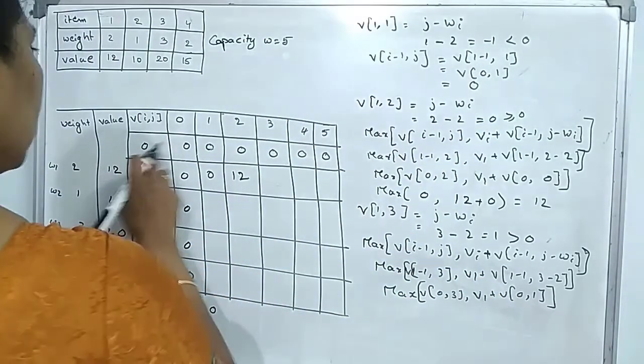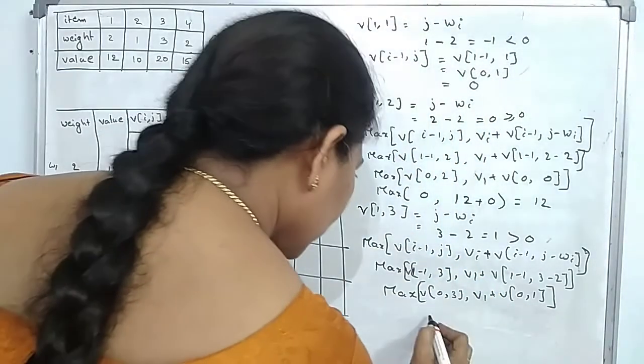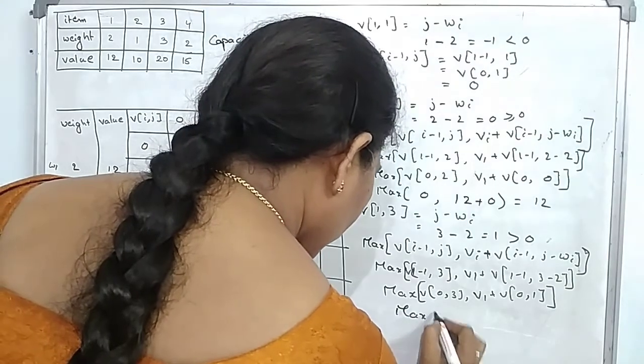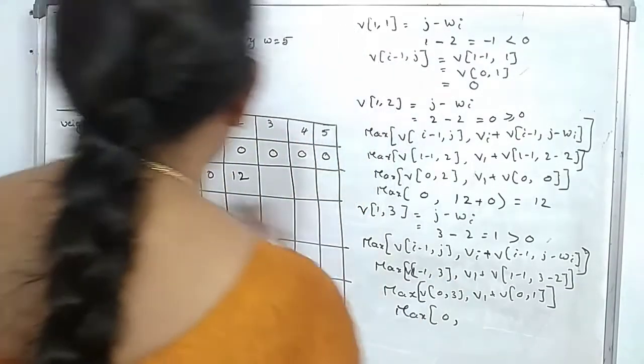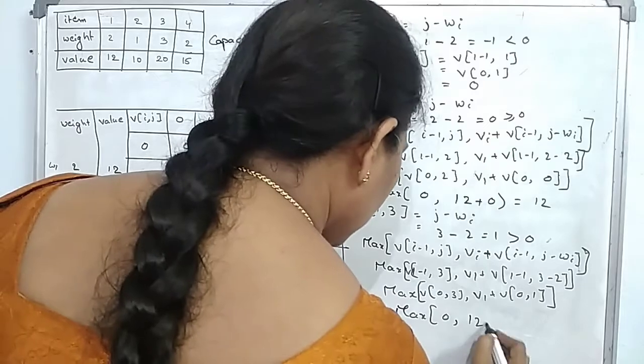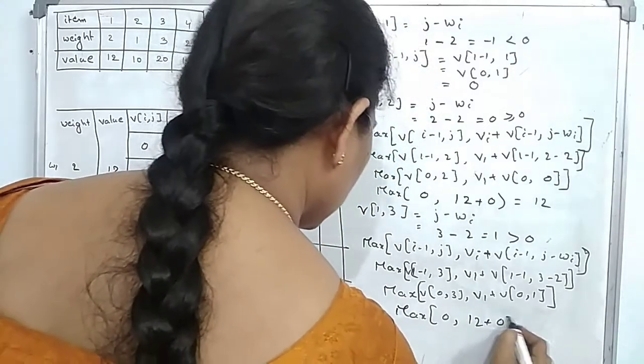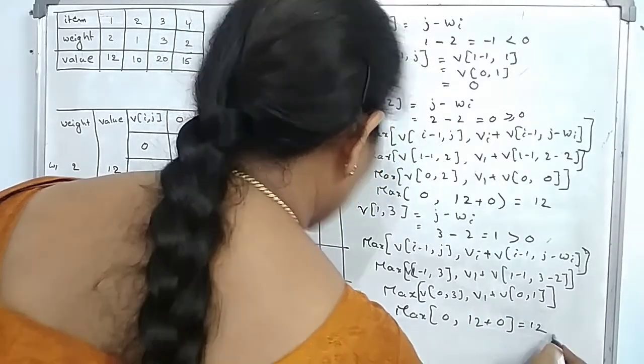V of 0 3 means 0, V1 is 12 plus V of 0 1 means 0. So that is 12.